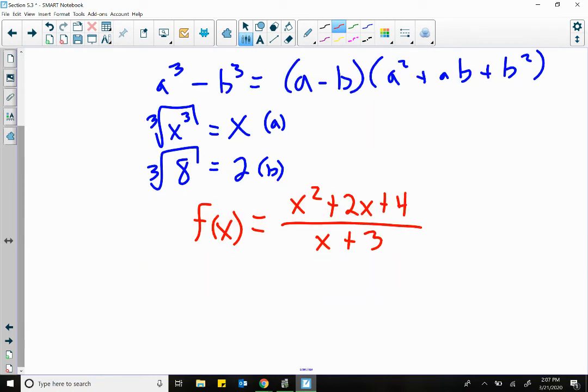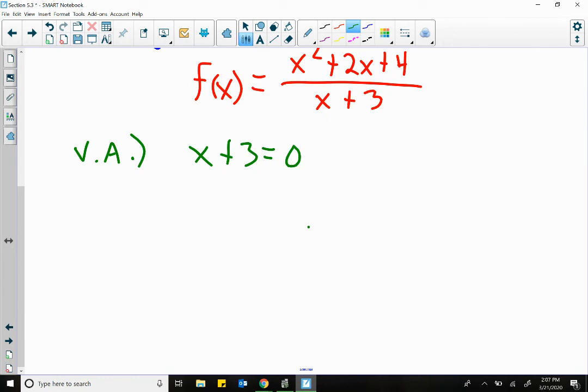So that's what we're working with. Now we start finding those vertical and horizontal or oblique asymptotes. So vertical asymptote, to find it, all you do is take the denominator, set it equal to 0, and solve. So x equals -3. There is your vertical asymptote.